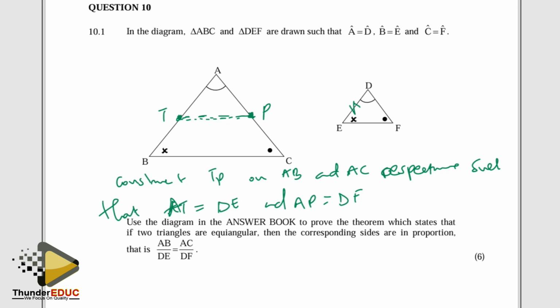So if this is the same as that, and this is the same as that, then even the angles are going to be the same.